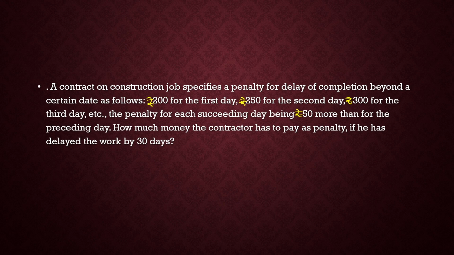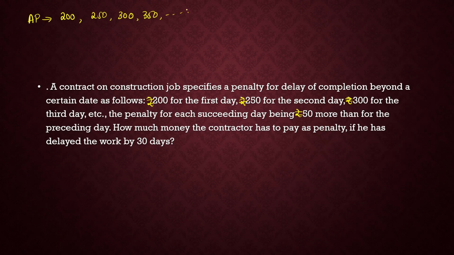If it is delayed for 2 days, then for the second day it becomes rupees 250. And similarly, it goes on. I'm just increasing rupees 50 each day. So the penalty for each succeeding day is increased by rupees 50 than the preceding day. From this you can get the AP from the question. So it's 200, 250, 300, 350 and it goes on.